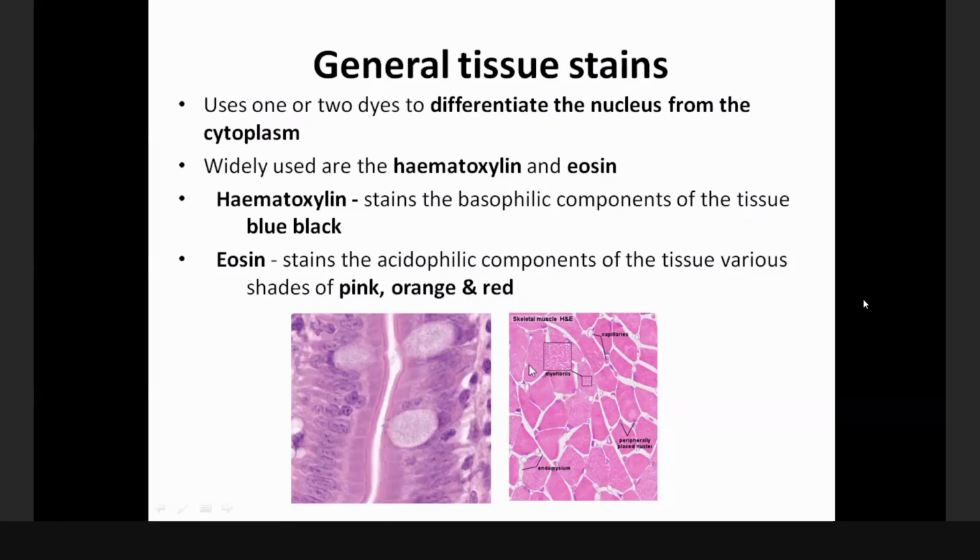Look at this. This is a very beautiful slice or picture of skeletal muscle. This is a very beautiful section of our intestine, where you have different cells stained, and different glands and the outlines of these glands are also visible. So this is how our tissue appears after staining with general stains.